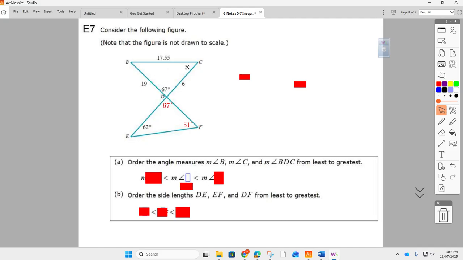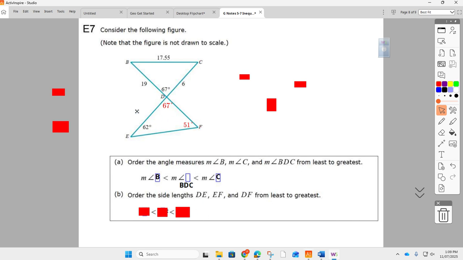So B is the smallest angle. The measured angle C is the largest. You can't just say B here, it's BDC, because there's two angles there. That's the middle angle, the middle side angle. We're looking at side lengths for the other triangle based on the angle measures.